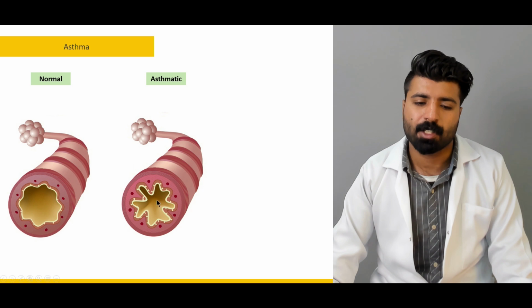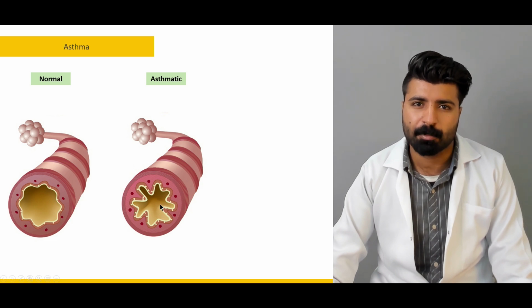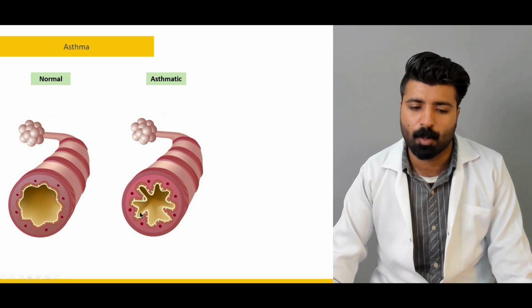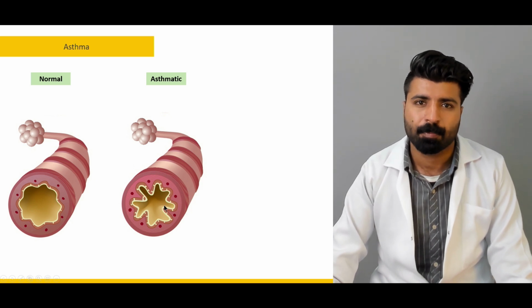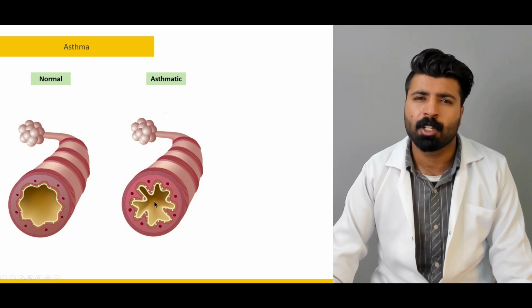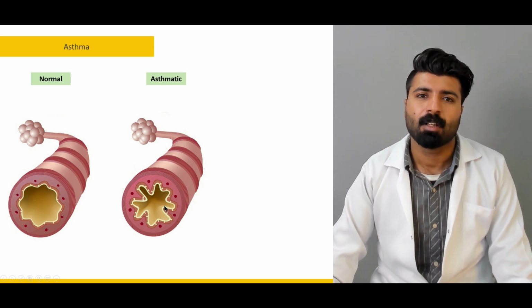In an asthmatic patient, the lumen is now narrow because of the inflammation, because of those inflammatory mediators that are being released. And look at it, it will start producing a lot of mucus. All of these goblet cells are producing mucus. So mucus will start accumulating, and this will make it difficult for you to breathe properly.